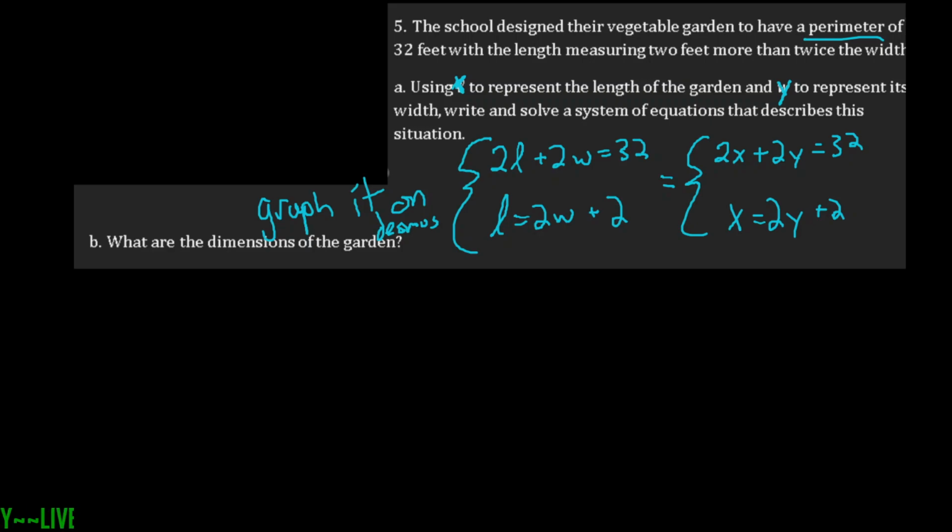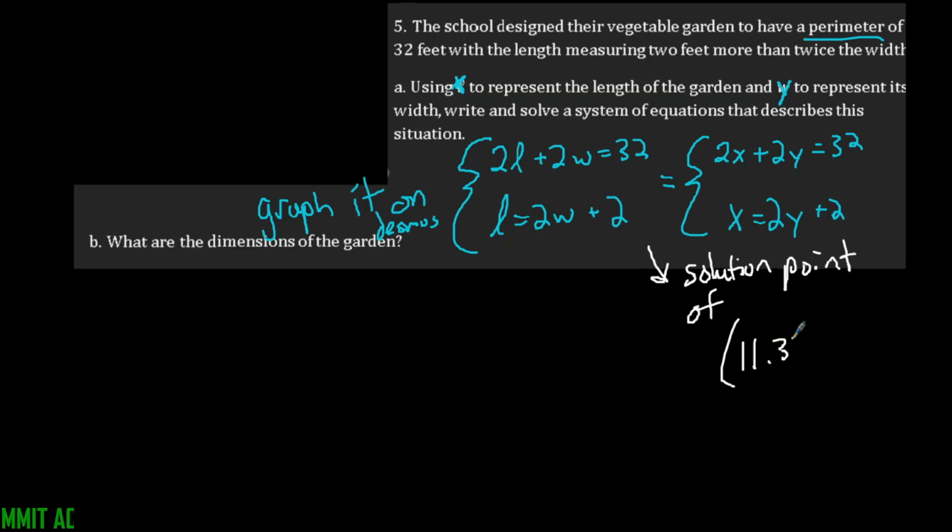So let's solve it. What are the dimensions of the garden? This has a solution point of 11.333 and 4.667.